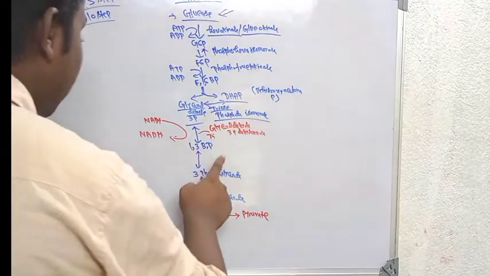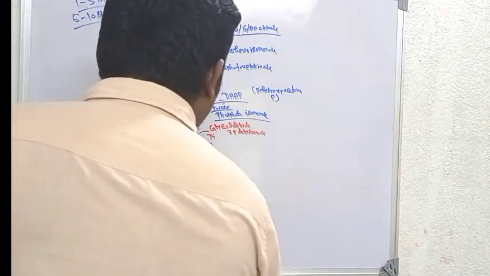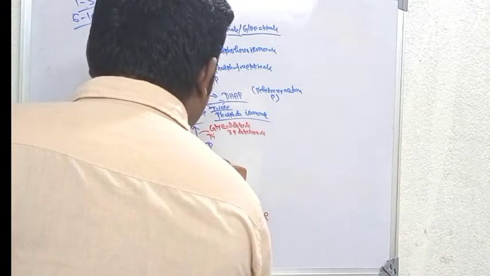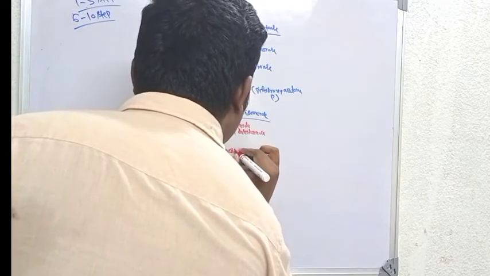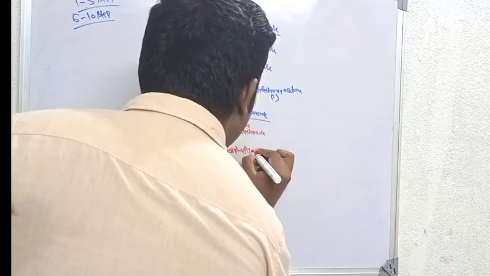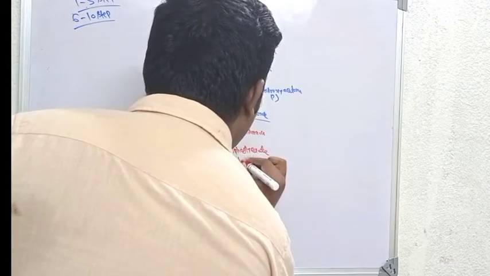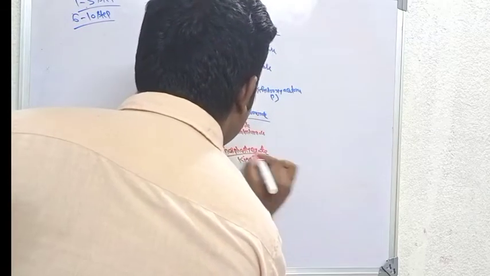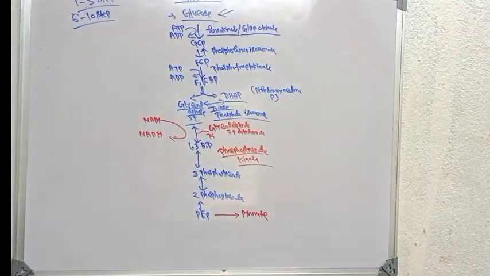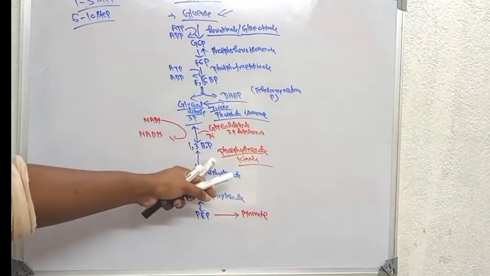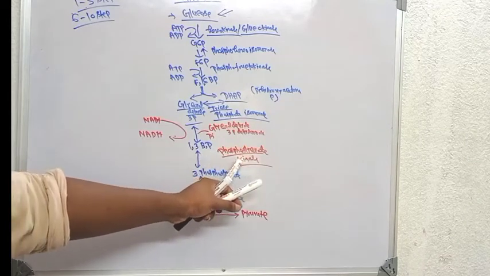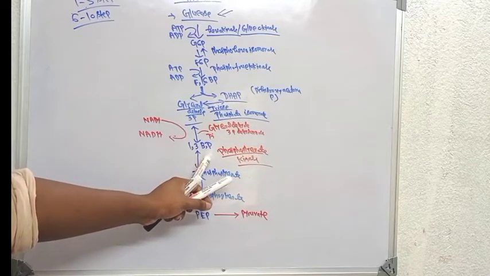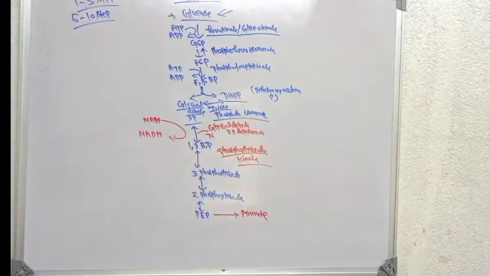1,3-bisphosphoglycerate to 3-phosphoglycerate is formed by the phosphoglycerate kinase enzyme. The name of this enzyme suggests that it transfers one phosphate group, and in this case the phosphate group is transferred from 1,3-bisphosphoglycerate to ADP and forms ATP.